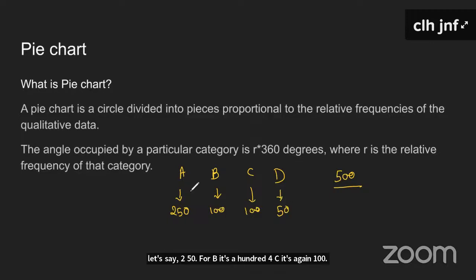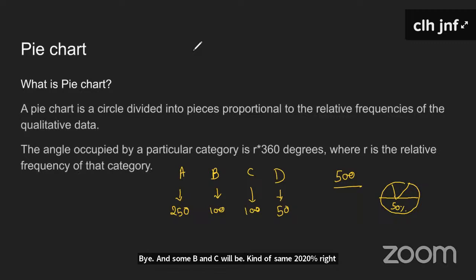Then you can have a bar chart and also a pie chart, both of them. But when you go for the pie chart, A will cover some 50% of the data. And B and C will be kind of the same, 20%, right?